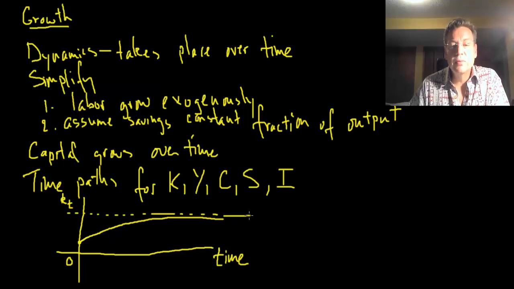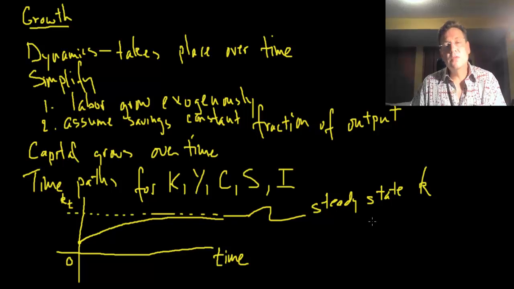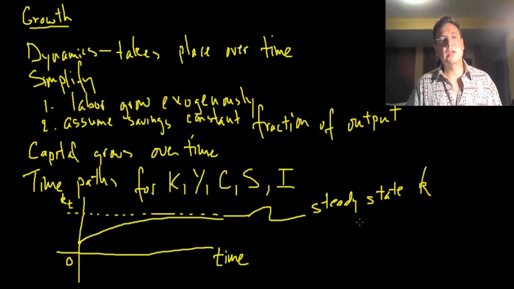And this is the steady state capital. And so what we're going to do then is we're going to study how variations in parameters of this, it's called the Solow growth model, will affect these dynamics and affect where the economy ends up after it has converged to the steady state.